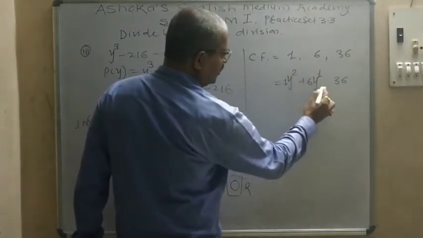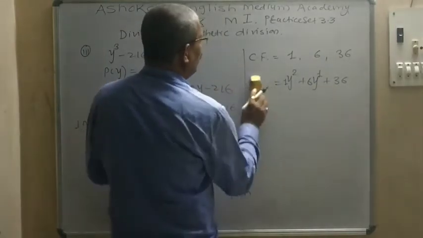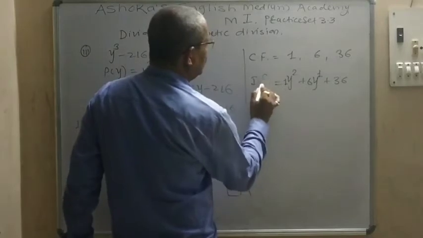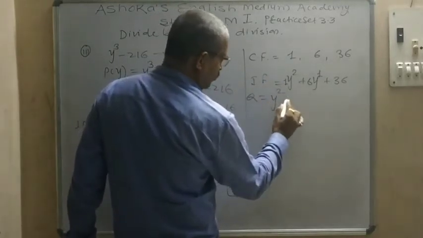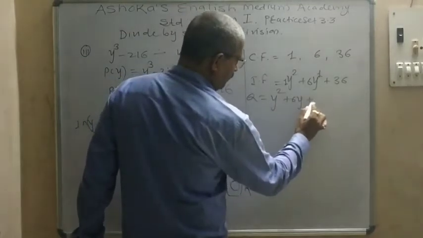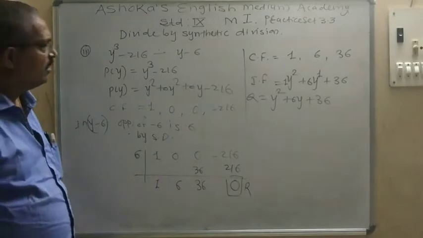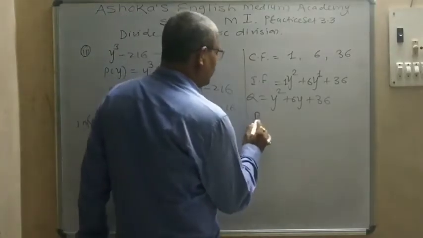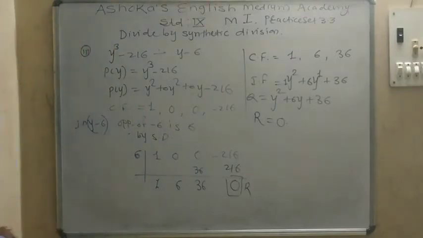Here plus 6y raised to 1 plus 36. Okay. Means index form. What is index form? This is index form. Means quotient is equal to y raised to 2 plus 6y plus 36. Is it clear? Now what to do? Now what is remainder? Remainder is equal to 0. Finish. So by this way, question number 3 is here completed.